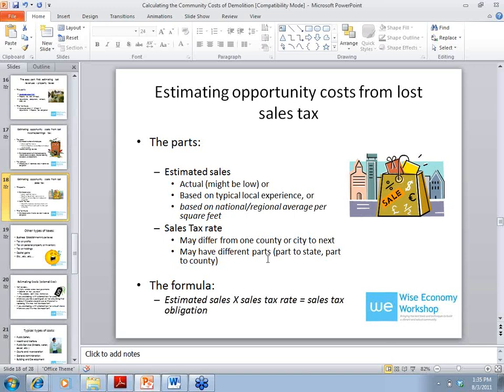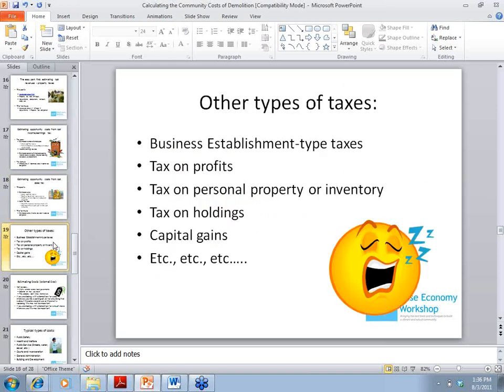So the people who handle retail brokerage for your environment should have a fairly decent handle on that. And again, it's simply sales tax rate times sales. One thing to keep in mind in Ohio is that it typically goes to the county government, not to the local government. And then there are a whole variety of other types of taxes.